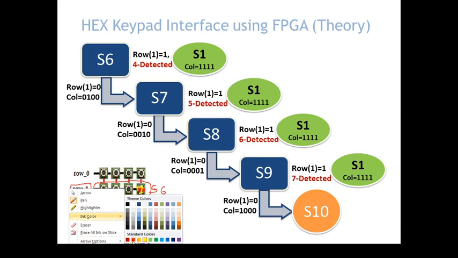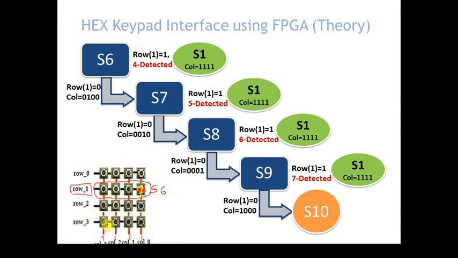Now we have to find the algorithm for that. Initially, while coming to the S6 state, we have made the column values 1, 0, 0 and 0. Once this is done, we have to check the row of 1 value.